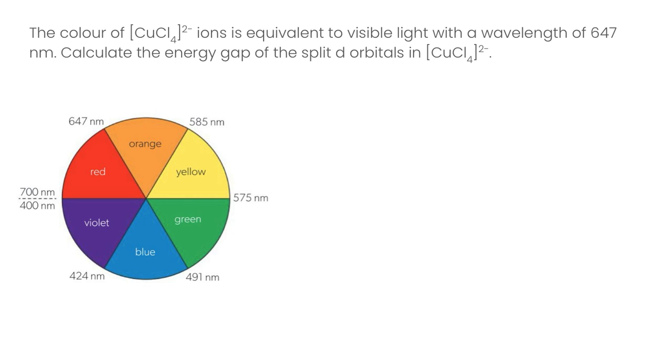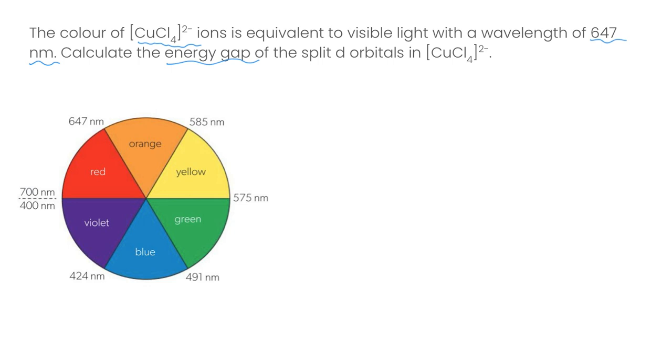Well, let's look at this example here. We've got the color of a copper chloride complex ion here is equivalent to visible light with a wavelength of 647 nanometers. We want to calculate the energy gap of the split d orbitals in this complex ion.